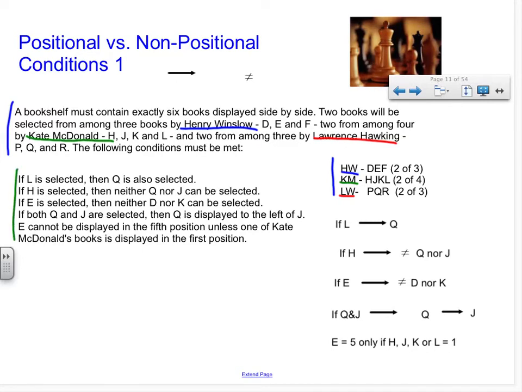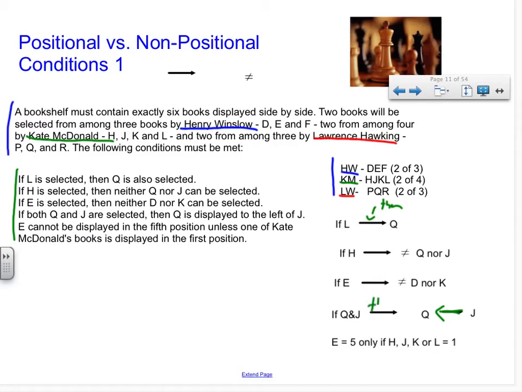And for the bottom part, we have if L, then, so recall the arrows represent then. If H, then can't equal Q nor J. If E, then can't equal D nor K. If Q and J, then Q has to come before J. You might find it better to reverse the arrow so that you know that Q comes before J. Either works as long as you understand your symbols.